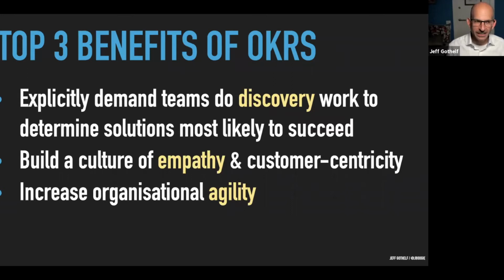And then finally, there's so much goodness that comes out of doing this correctly, right? So if we're setting goals as key results, and we're practicing discovery work, and we're building a better understanding of the customer, then inevitably, we are going to increase the agility of our organization. Why?